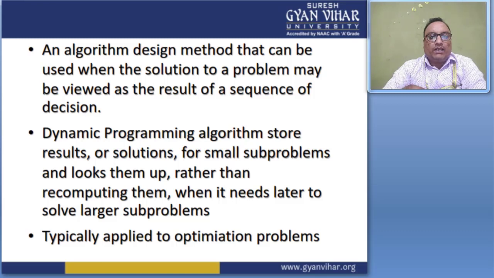The dynamic programming algorithm stores results or solutions for small subproblems and looks them up rather than recomputing them when it needs them later to solve larger subproblems, and it is typically applied to optimization problems. This is a very typical, easy method to apply to this type of problem.